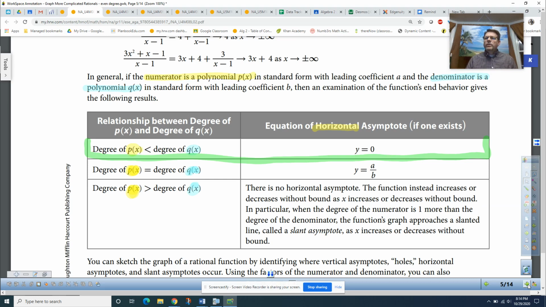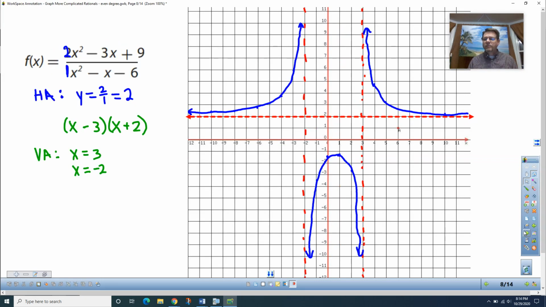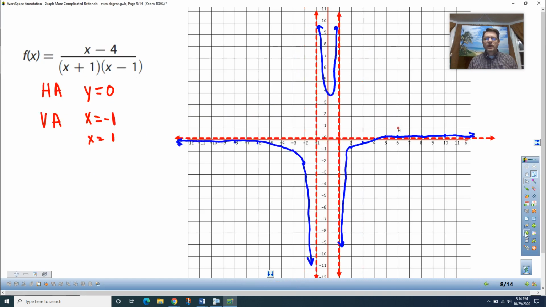Some of the more odd features of these more complicated rational graphs. We talked about that hole there. And when the degrees are equal, just get that front number, get your horizontal.